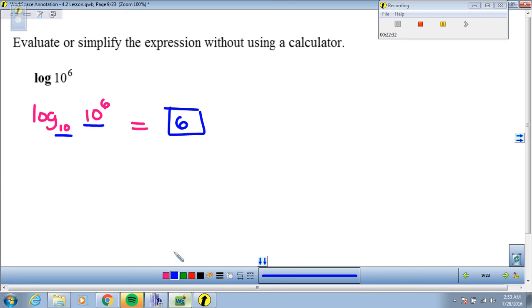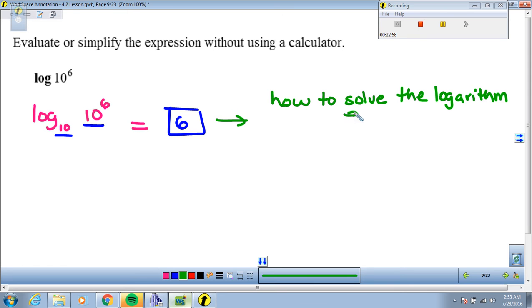Now, why is that? If you really want to see an explanation, you can try to memorize this so that you can do it faster. But if you want to know why, remember how we usually solve a logarithm expression.